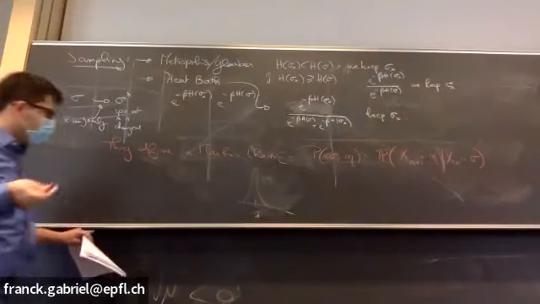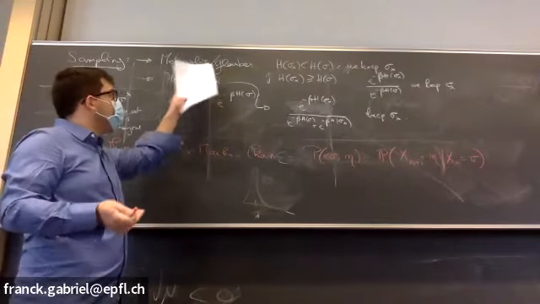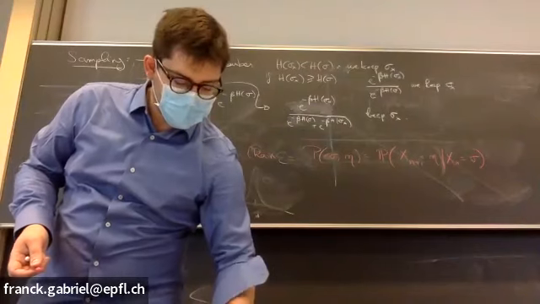So the main important object in those dynamics is given by this transition matrix. If you know this transition matrix, then you know both of the dynamics. Okay.